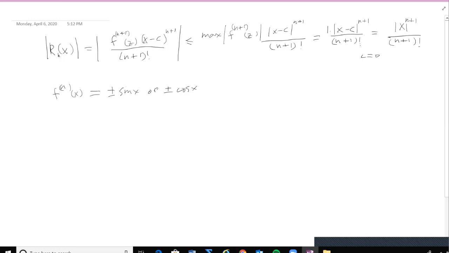Now, the idea is finding the limit. Our remainder term is less than or equal to this term, so the limit of that remainder term will be less than or equal to this limit.